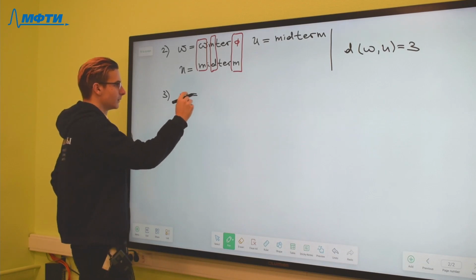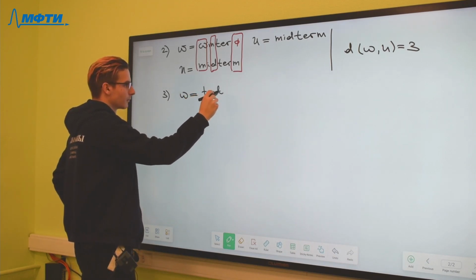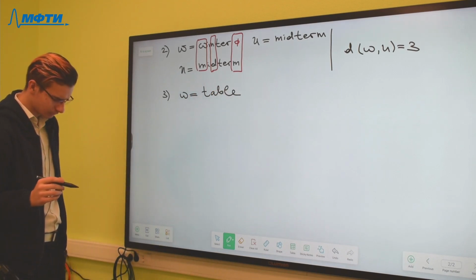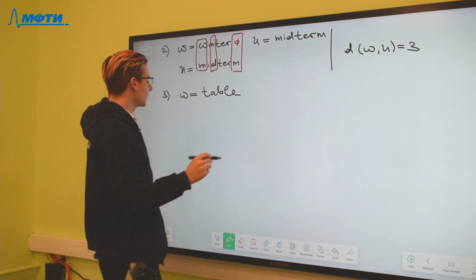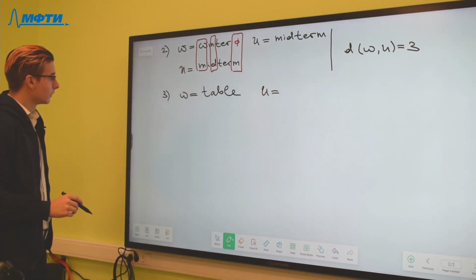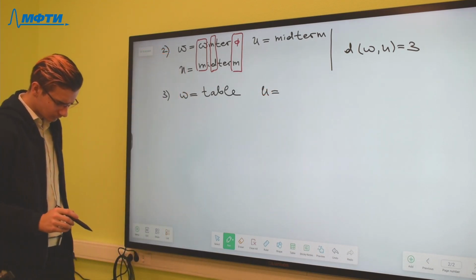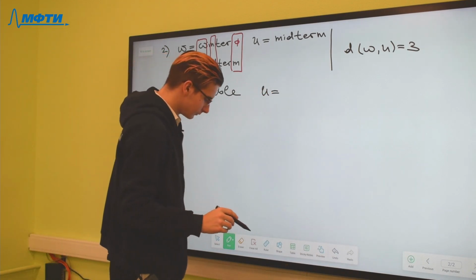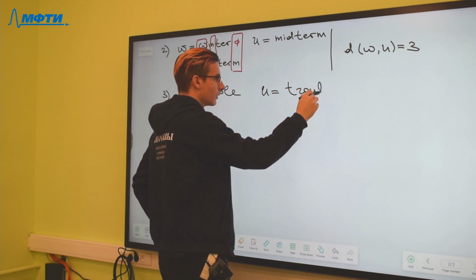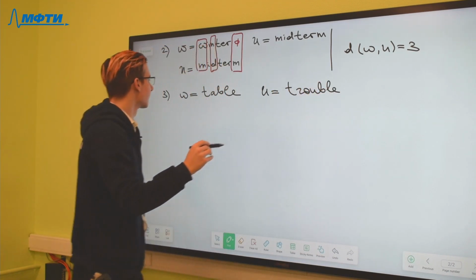So about the other example. For example, table and trouble.